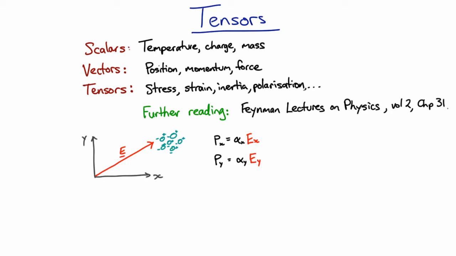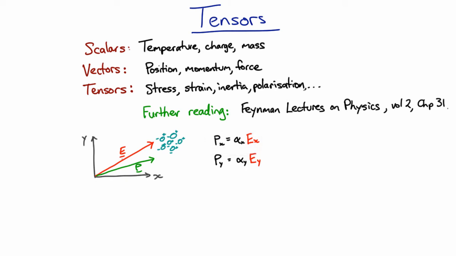So supposing it's slightly easier to polarize in the x direction, so that this coefficient's a bit larger than that coefficient, then we're going to get an x and a y component of polarization that are different, which means, of course, that our polarization vector, P, is going to be in a different direction to the electric field vector. Now that's actually a really big step, because it means we have to re-examine our ideas back here, that when we apply an electric field in the x direction, we get a polarization in the x direction.